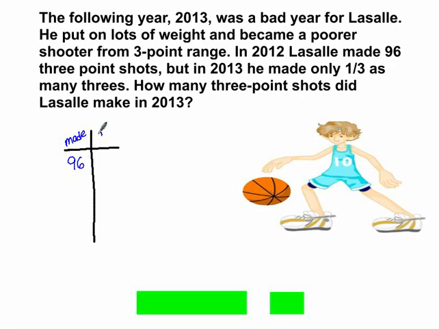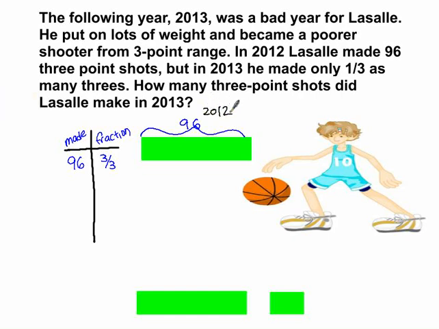And if we're going to represent that as a fraction, 96 is like our whole. So we can call that kind of like 3/3. That would represent, if we're looking at a fraction bar, this whole thing would represent 96. And that's how many three-point shots he made in 2012.